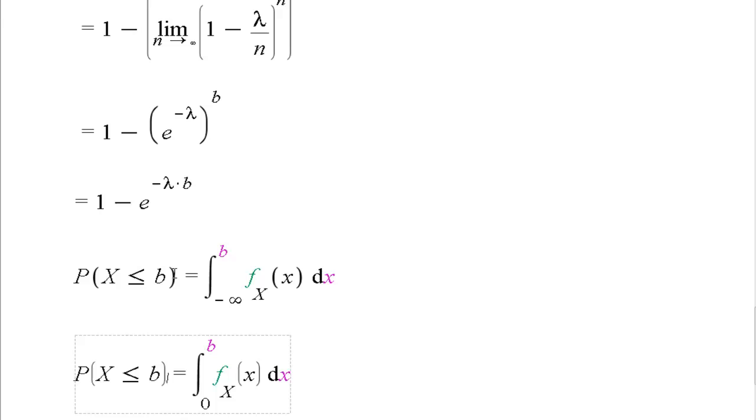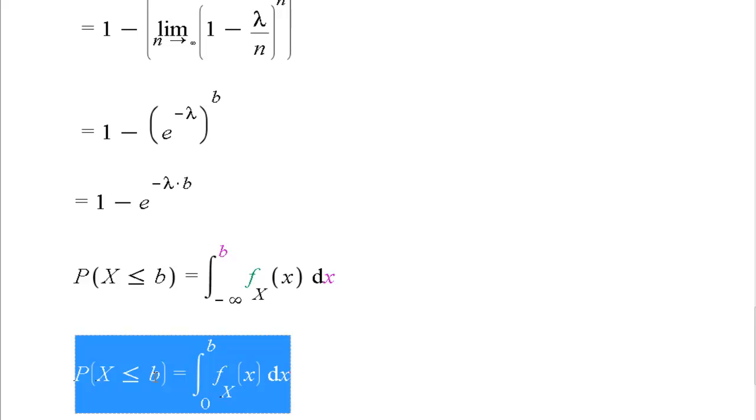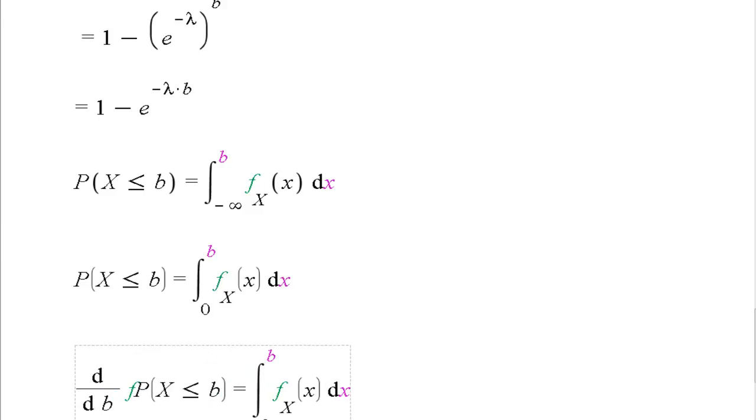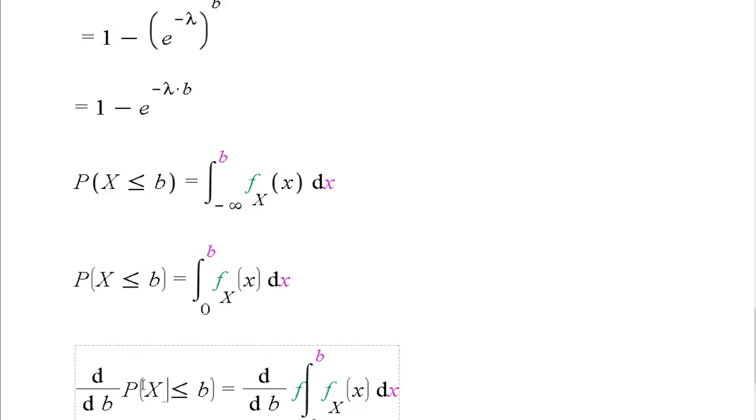And here's where the fundamental theorem of calculus comes in. I'm going to take the derivative of both sides with respect to b. I'll do that using this d/db. That means take the derivative of what's to the right with respect to b.